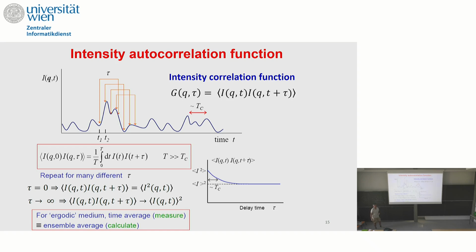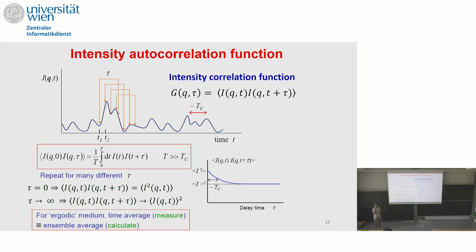An ensemble average is what I would get if I would repeat this experiment with different cells filled with the same kind of samples, but independent samples. I prepare 1,000 samples. I put 1,000 gels, one after the other, in my machine. I measure for each of them this product here, and then I average that over all the 1,000 experiments that I have done. This is impractical.